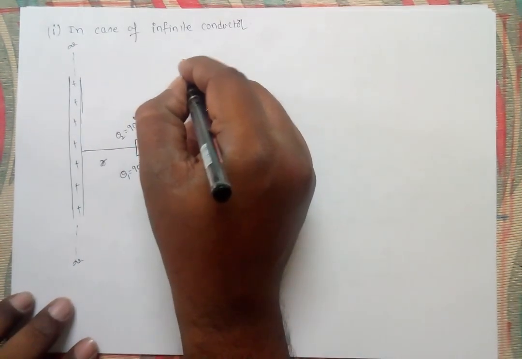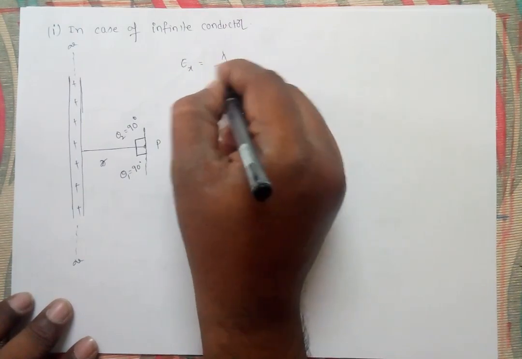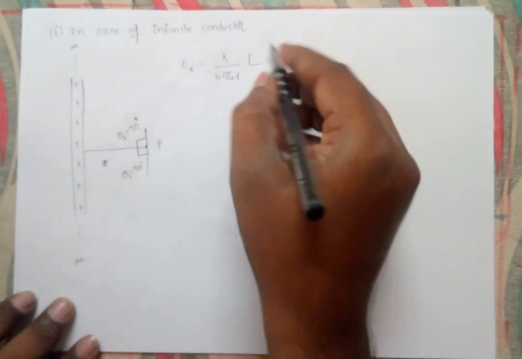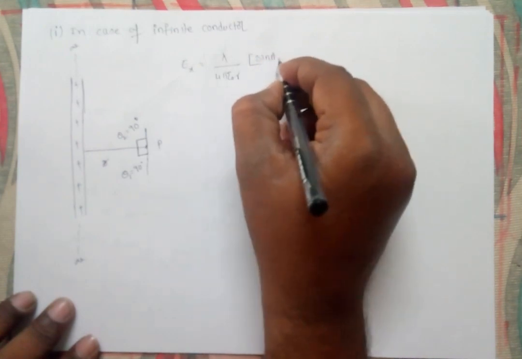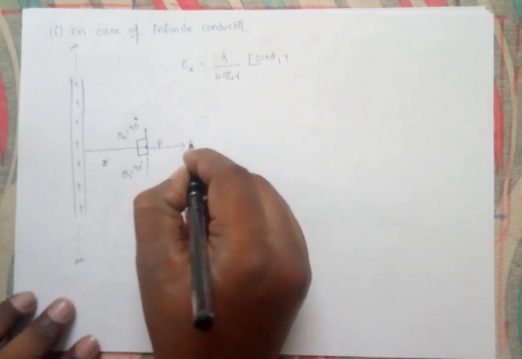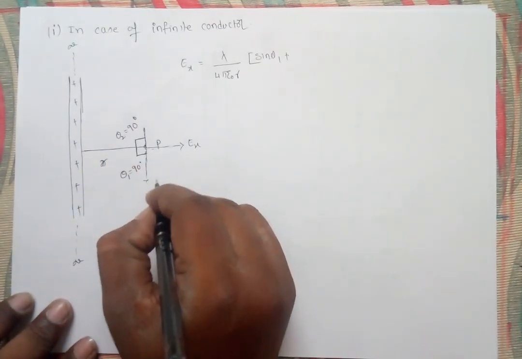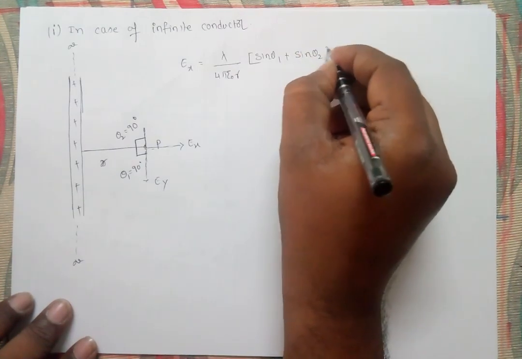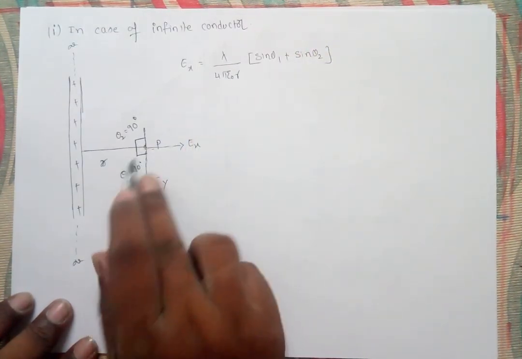According to the formulas we already discussed, Ex is lambda by 4 pi epsilon naught r into (sine theta 1 plus sine theta 2), and here both angles are 90 degrees.